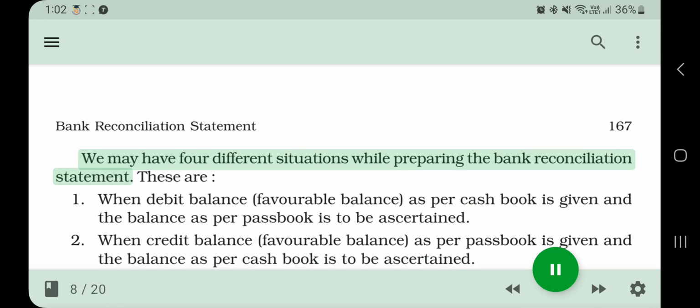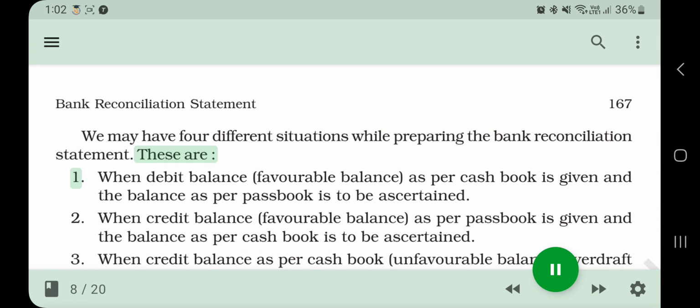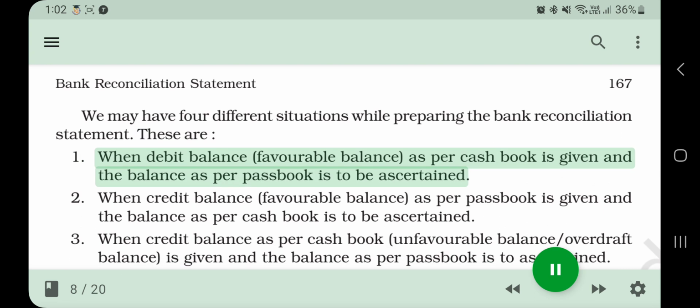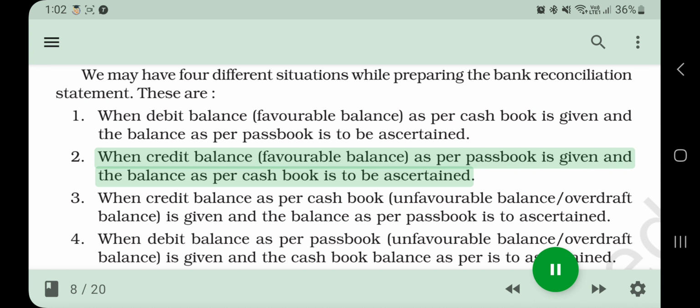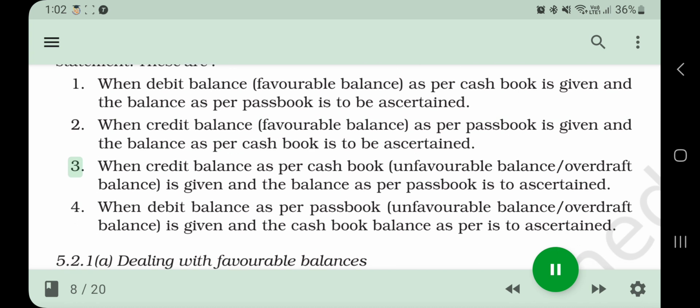We may have 4 different situations while preparing the bank reconciliation statement. These are: 1. When the debit balance, favorable balance, as per cash book is given and the balance as per passbook is to be ascertained. 2. When the credit balance, favorable balance, as per passbook is given and the balance as per cash book is to be ascertained. 3.